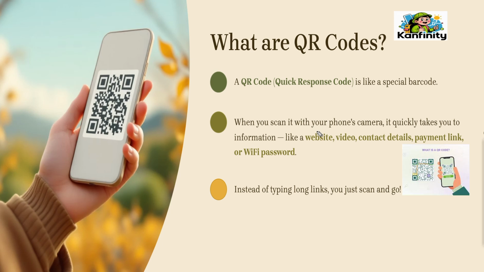When you scan a QR code, your phone or camera quickly takes you to the information. By using the mobile scan, it will take us to websites, videos, contact details, payment links, and also Wi-Fi passwords.